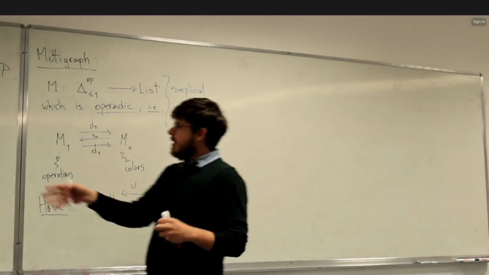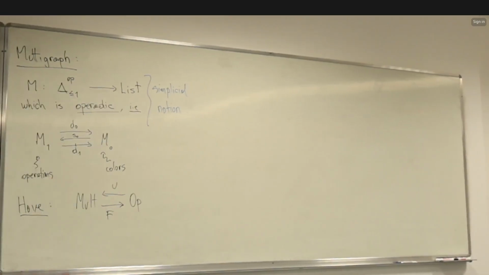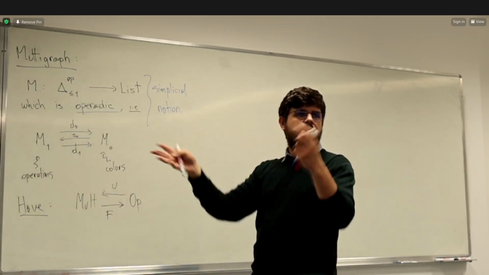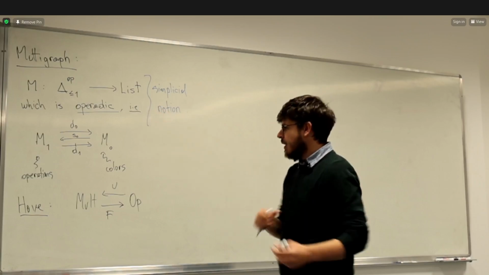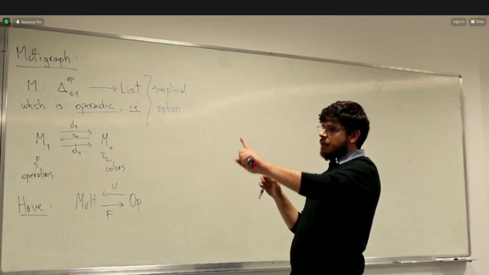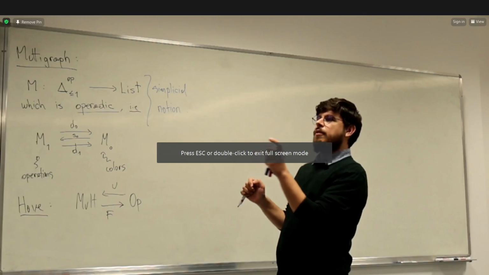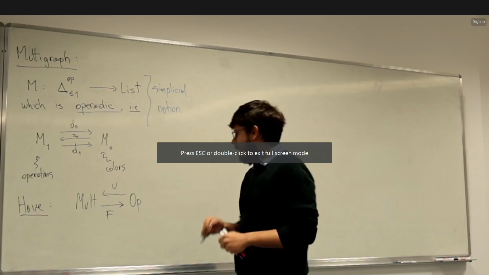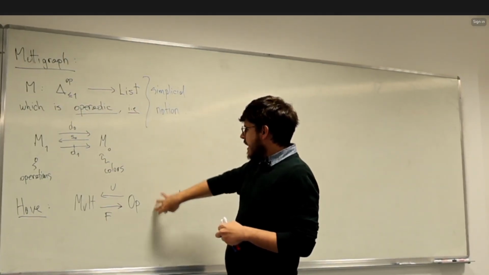You have some configuration, say a picture looking like this, operations and colors, you compose everything until you get an operad. This is similar to where you have a graph and you do the free category, right? Right, so we have this now.